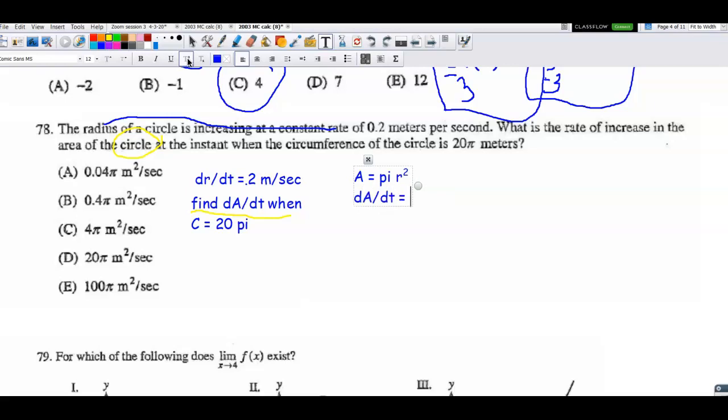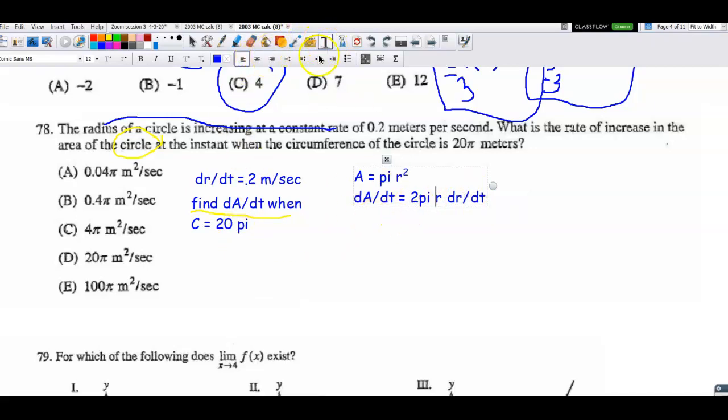On the right-hand side, we're going to use the power rule and implicit differentiation, so I get 2 pi r dr/dt.